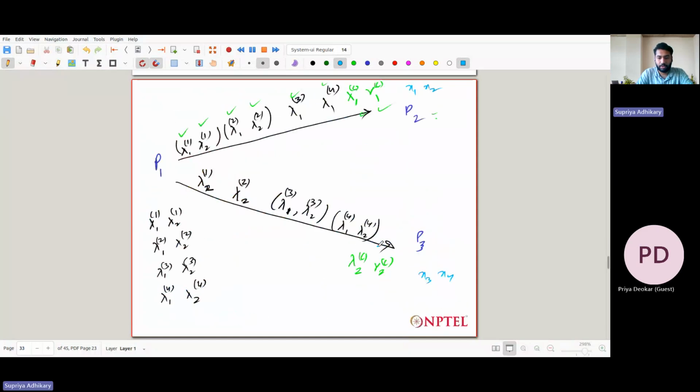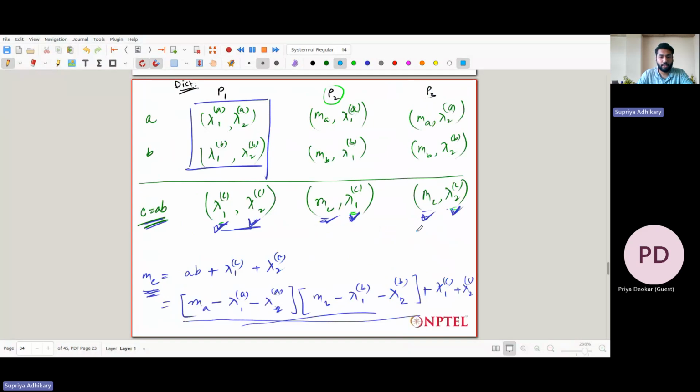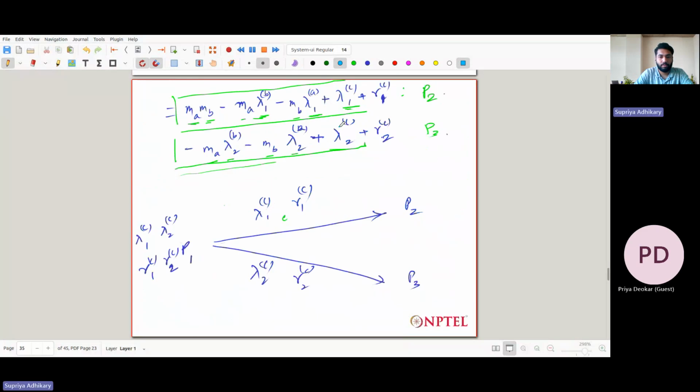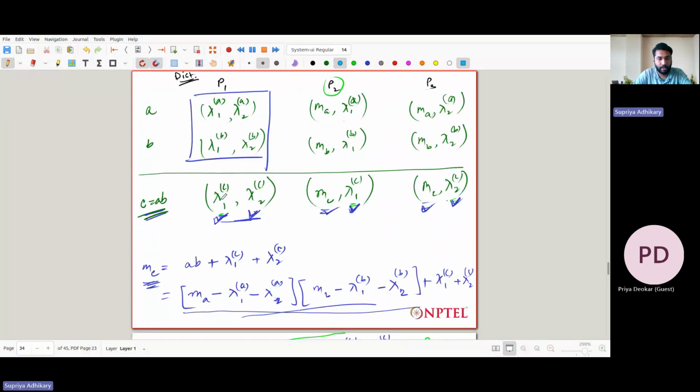So if we do not include the pre-processing phase, in the pre-processing phase, basically P1 sends some values to P2 and P3. So the evaluation phase is where the communication is supposed to be. So at the evaluation stage, this C is equal to AB.